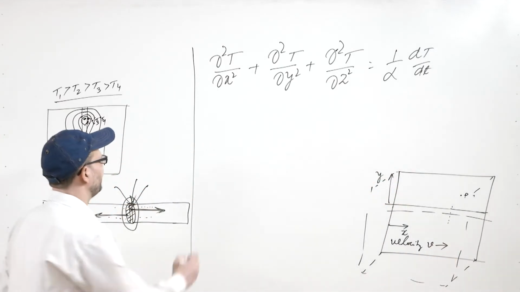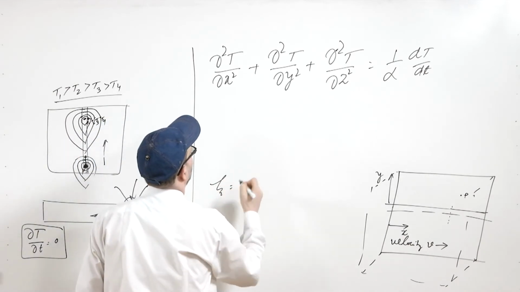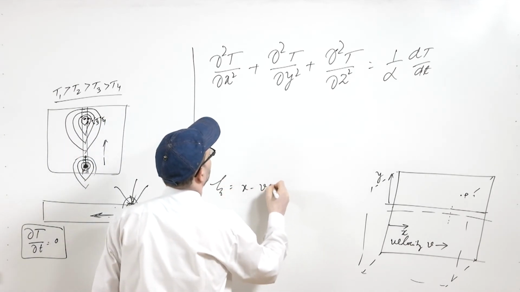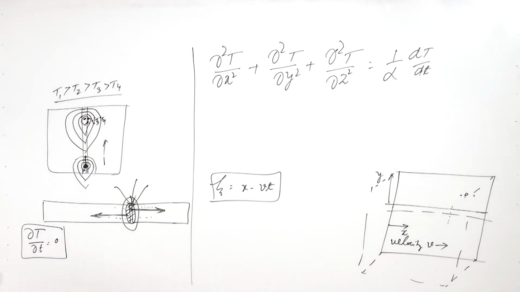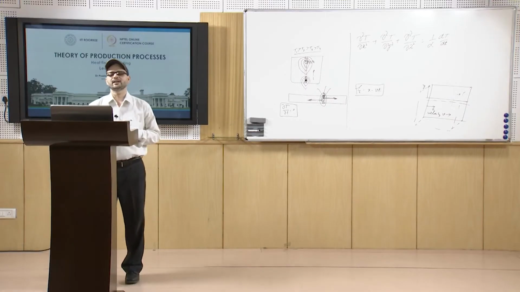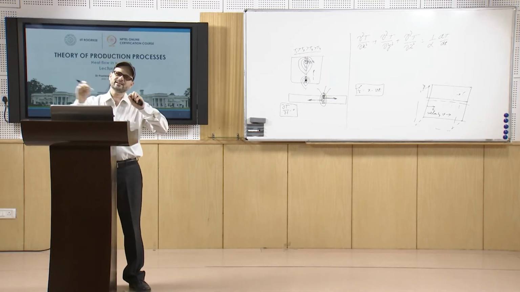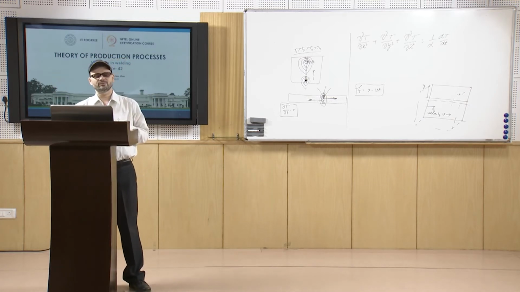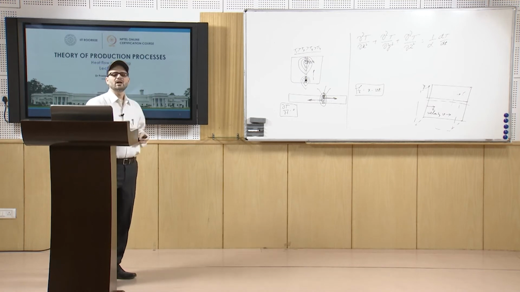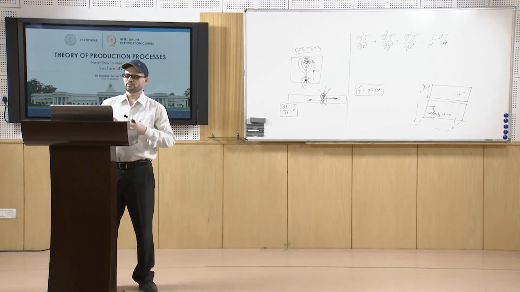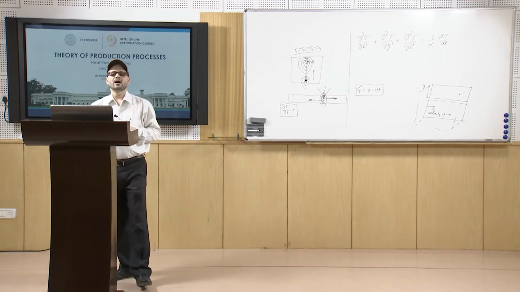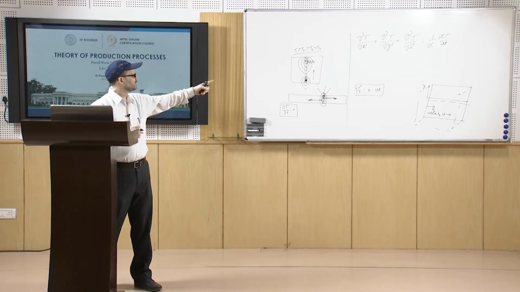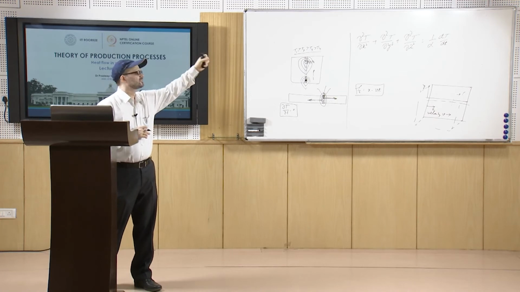So, we define zeta as x minus v t. That is basically because the source is moving in the x direction with velocity v. Now, in that case the equation for quasi stationary state of welding comes in terms of zeta. In place of x it comes there.